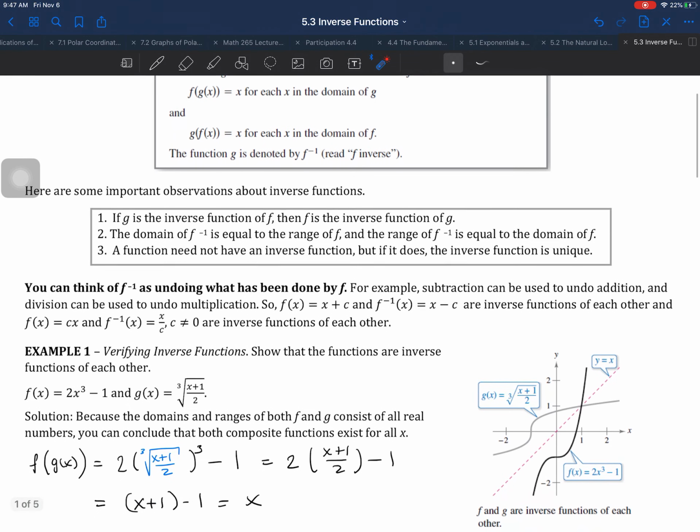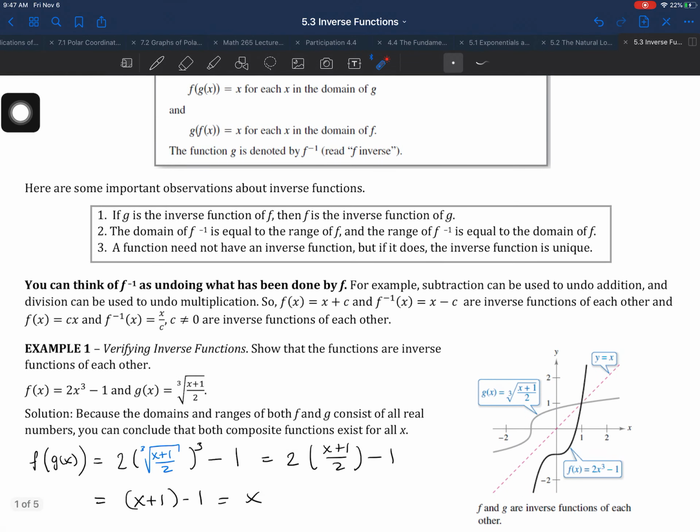So do not say this as f power -1. That's not the same thing. This is not a power. This is a notation. Let me write that out. This is not a power. It's a notation.